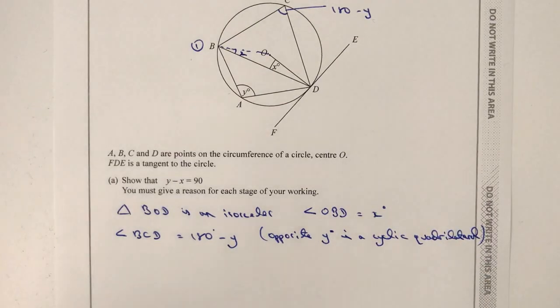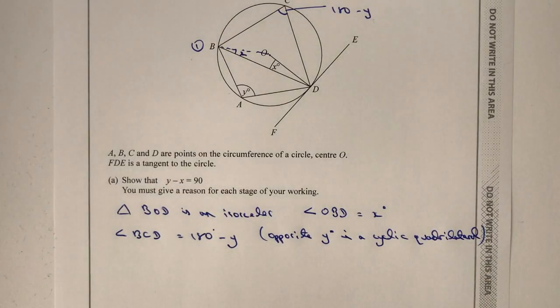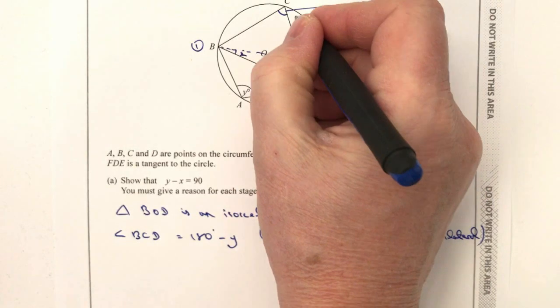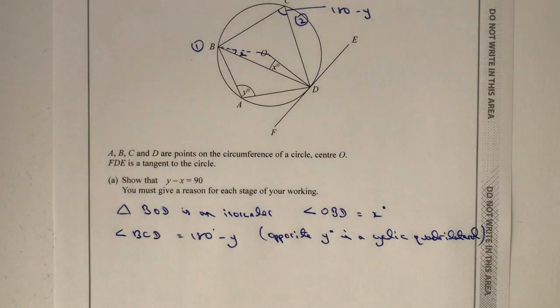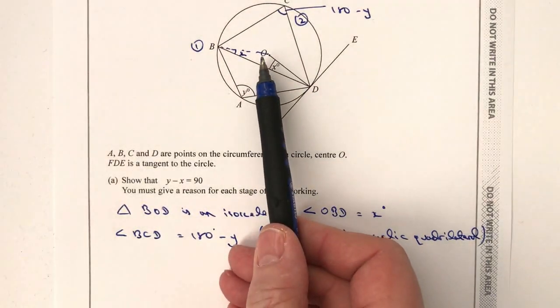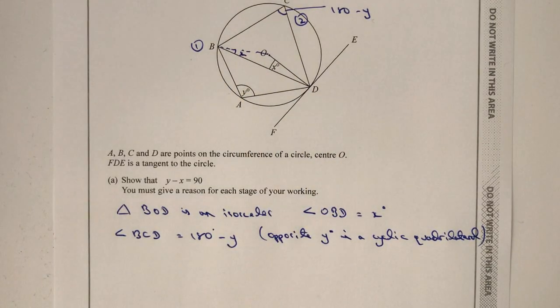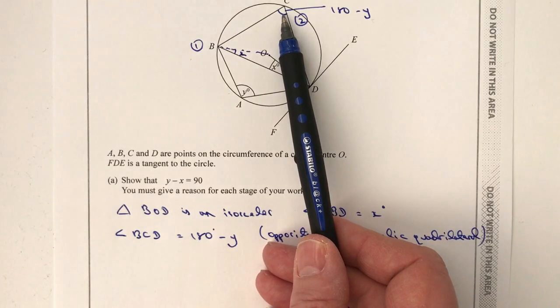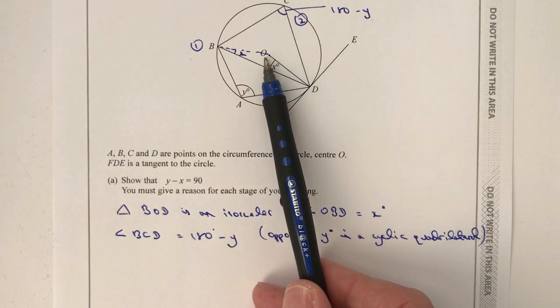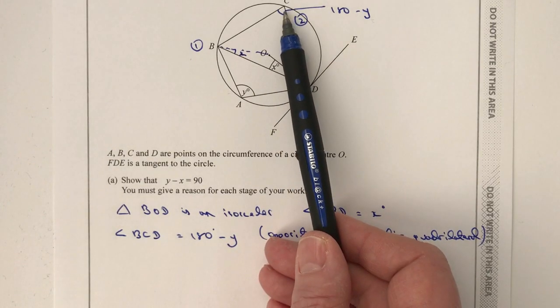Okay, alrighty. So we've got two reasons going on within this particular one. Let's have a look at the final bit: we've now got this triangle in the middle. Because I know the outside angle at the circumference, I know that this is going to be double the value, because the angle at the centre is double the angle at the circumference.